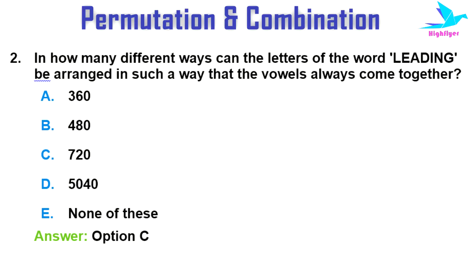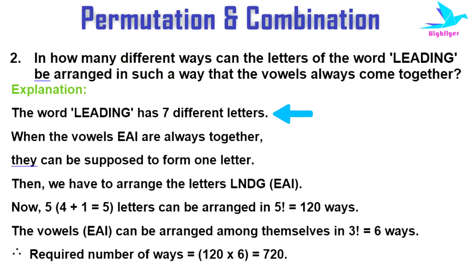Let's see how. Here the word LEADING has 7 different letters. When the vowels E, A and I are always together, they are treated as one letter. Then we have to arrange the letters L, N, D, G and EAI together.